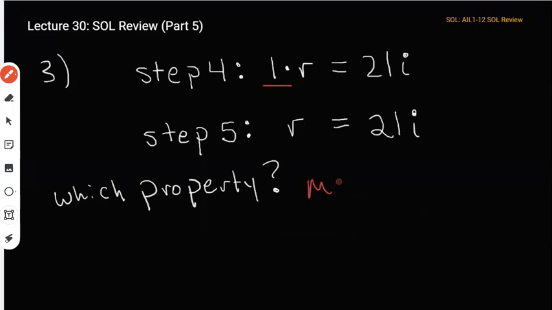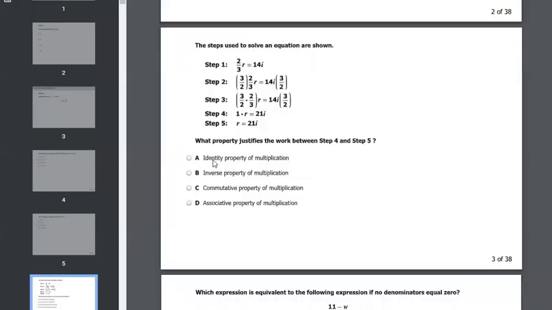So we're just multiplying by 1. That's what I'll say. So which answer choice best matches up with that? The identity property of multiplication, the inverse property of multiplication, the commutative property, or the associative property.